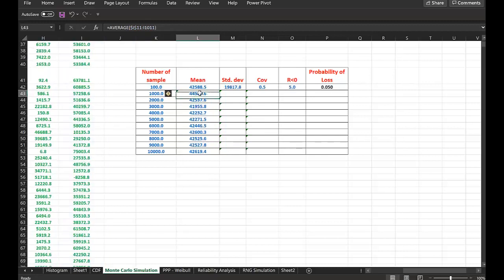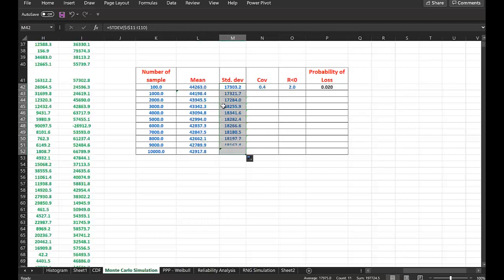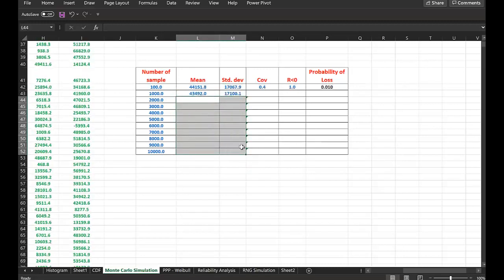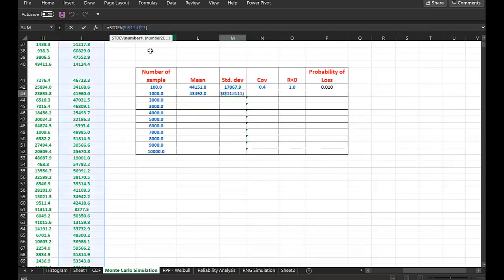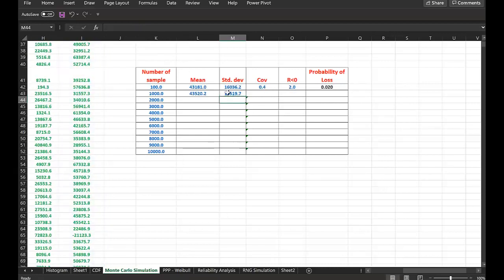So this is 11 to 10,011. Similarly, in this case also, I have to change all these values. So this is 10,011. Sorry, 1,011. This is 1,011, this is also 1,011, and this will remain the same.